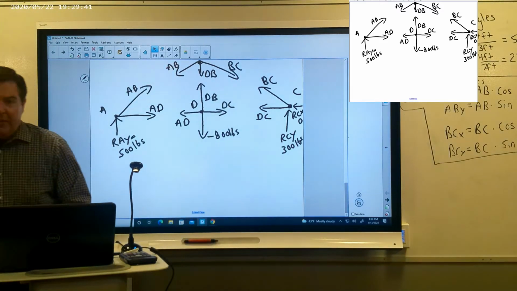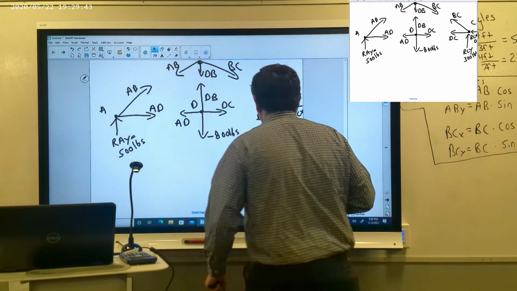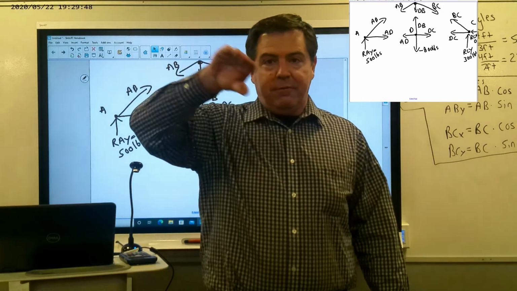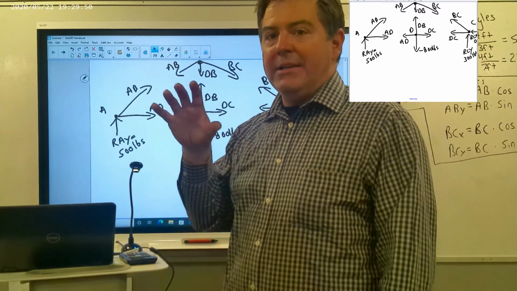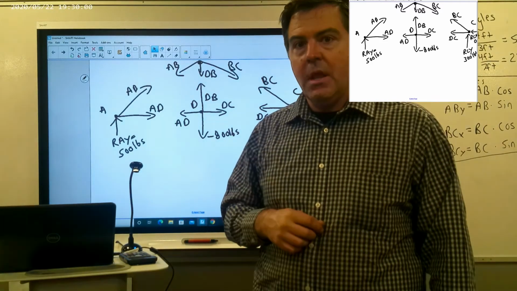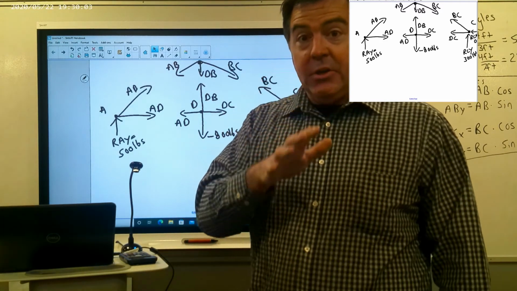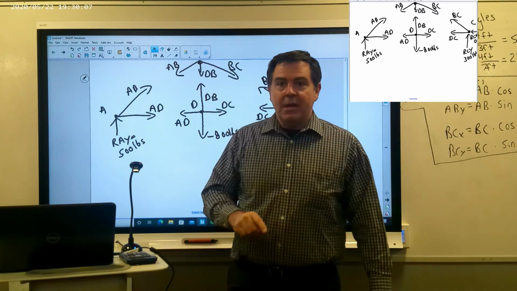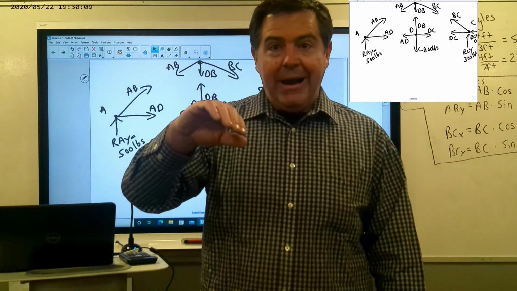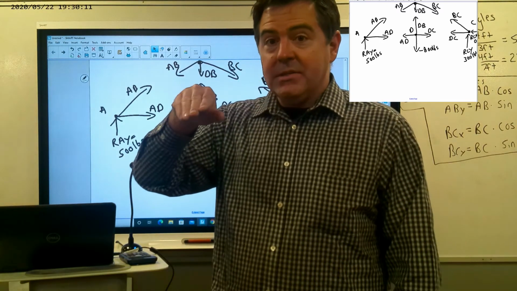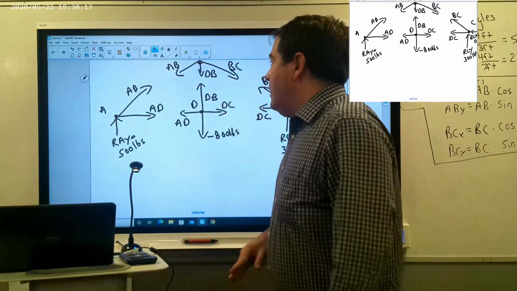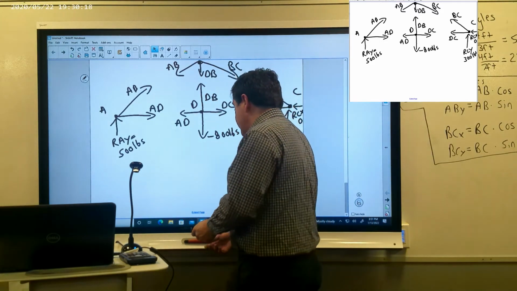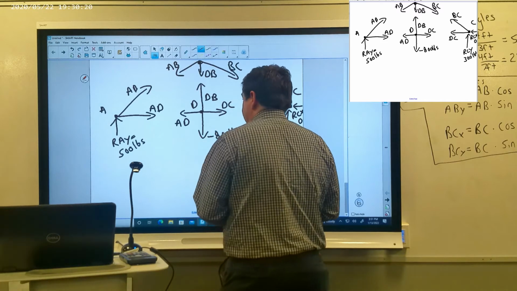Before we go any further with this, at point A, I want to take my angular force and convert it into its x and y components. That will make this much easier to work with. So I'm going to replace AB in this free body diagram with ABX and ABY. And remember, we have those formulas that we use for doing that. So I'm going to draw this in red before I go ahead and erase it.